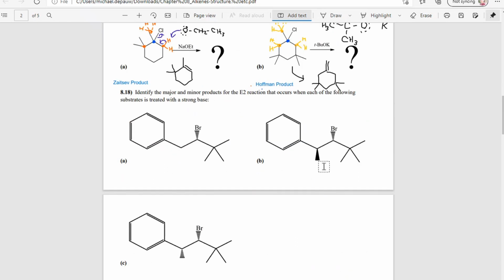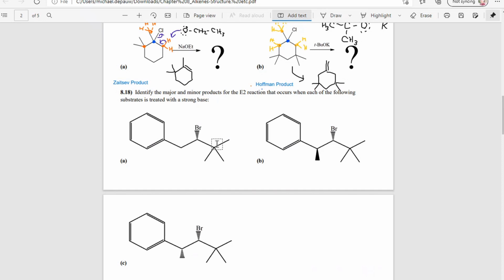All right. Now here's where things get interesting. Now, for 18, one of the things you have to realize with regards to these E2 elimination reactions is that there is a way that they have to occur. It's not that just any hydrogen at any point can be ripped off.